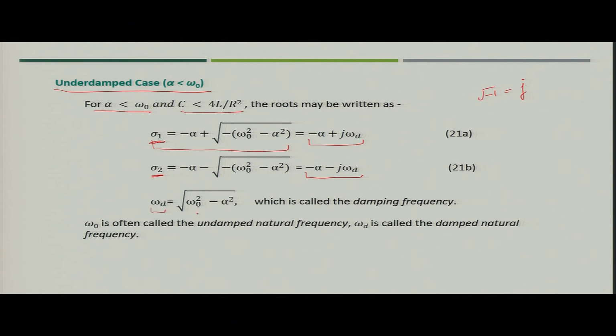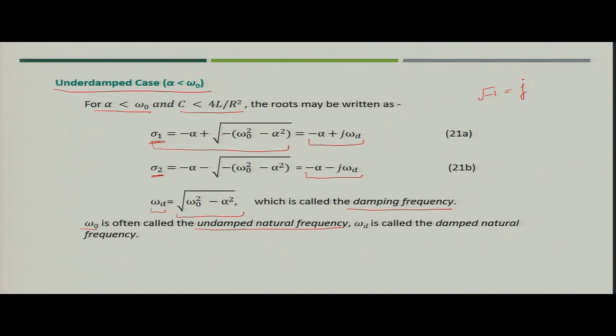What is omega d? Omega d is nothing but the root of omega naught square minus alpha square. Since omega naught is greater than alpha, this factor will always be positive, which is why we have taken minus 1 out. This omega d is the damping frequency, and omega naught is the undamped natural frequency.